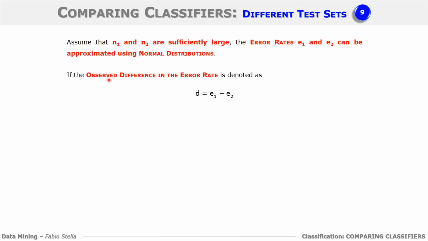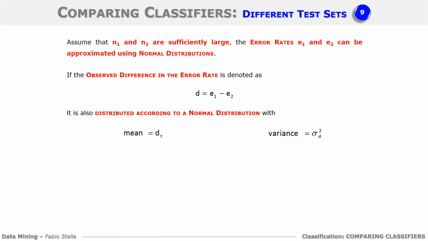Furthermore, if the observed difference in the error rate is denoted as D, so if D is defined to be the difference between the error rate associated with model M1 and the error rate associated with model M2, then D is a random variable which is distributed according to a normal distribution with mean equal to dt and with variance equal to sigma d squared, which is not known.